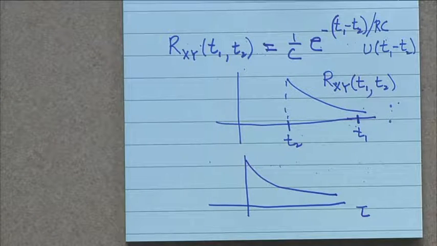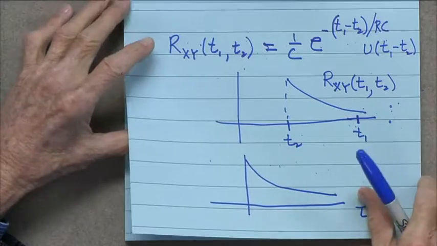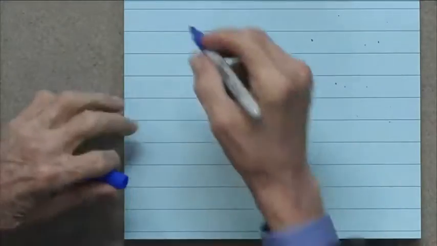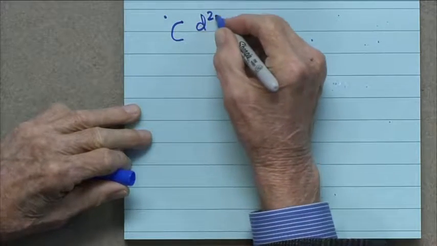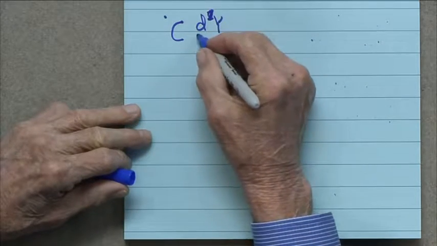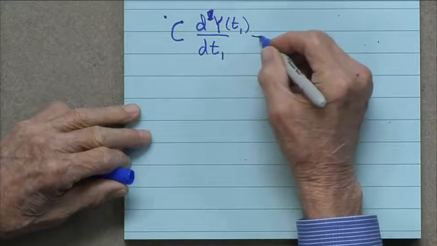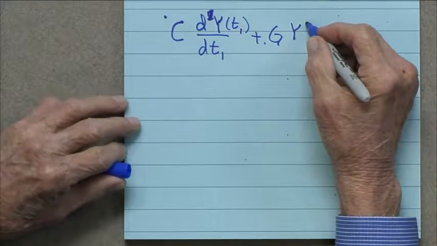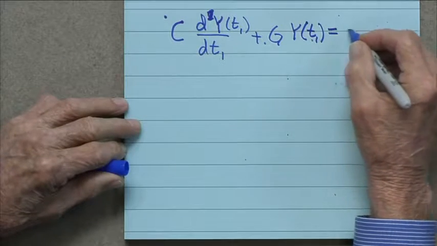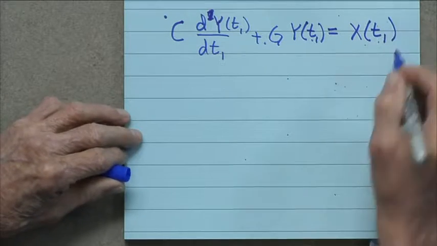Okay, what about R_YY? We had C dy at T1 dT1 plus G y at T1 is equal to x at T1.